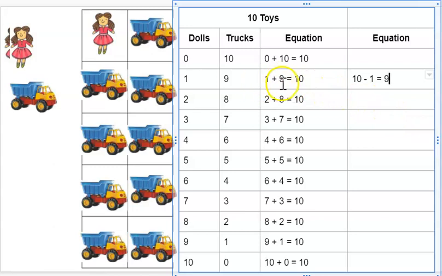So let's look here. We have one doll and we have 9 trucks. So we knew 1 plus 9 equals 10. And now we know that if we had 10 trucks and we took one away, we had 9. So what do you notice about these numbers here?